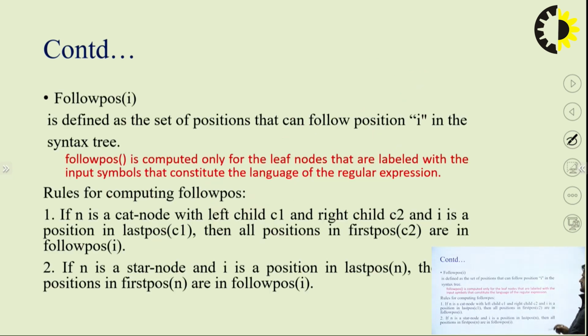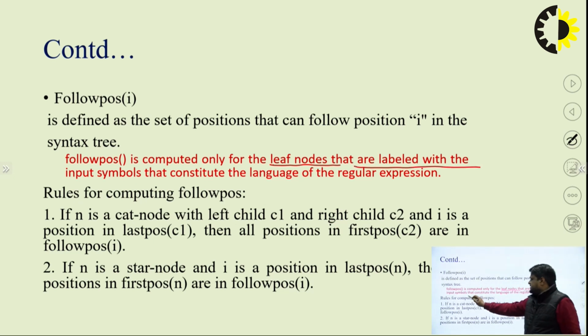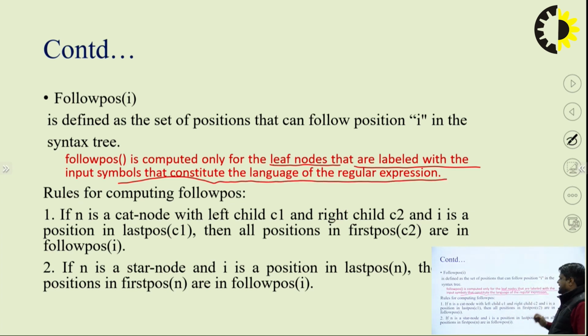Now we will move towards the follow positions of I. The follow position of I is defined as the set of positions that can follow the position I in the syntax tree, right? Follow positions are computed only for terminal symbols, the leaf nodes labeled with the input symbols that constitute the language of the regular expression.